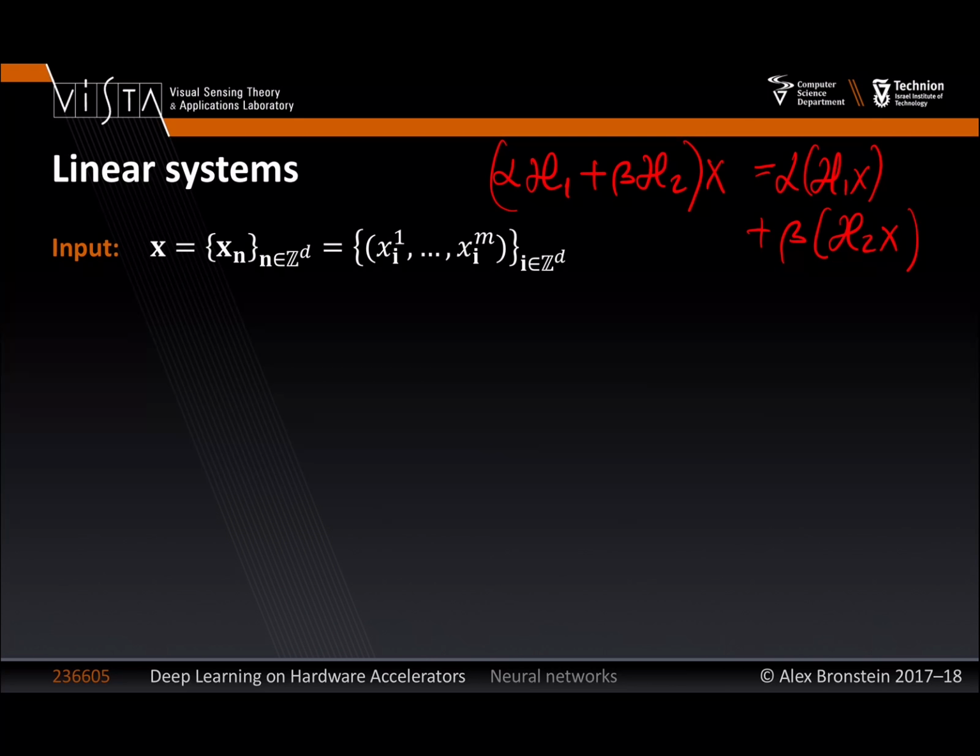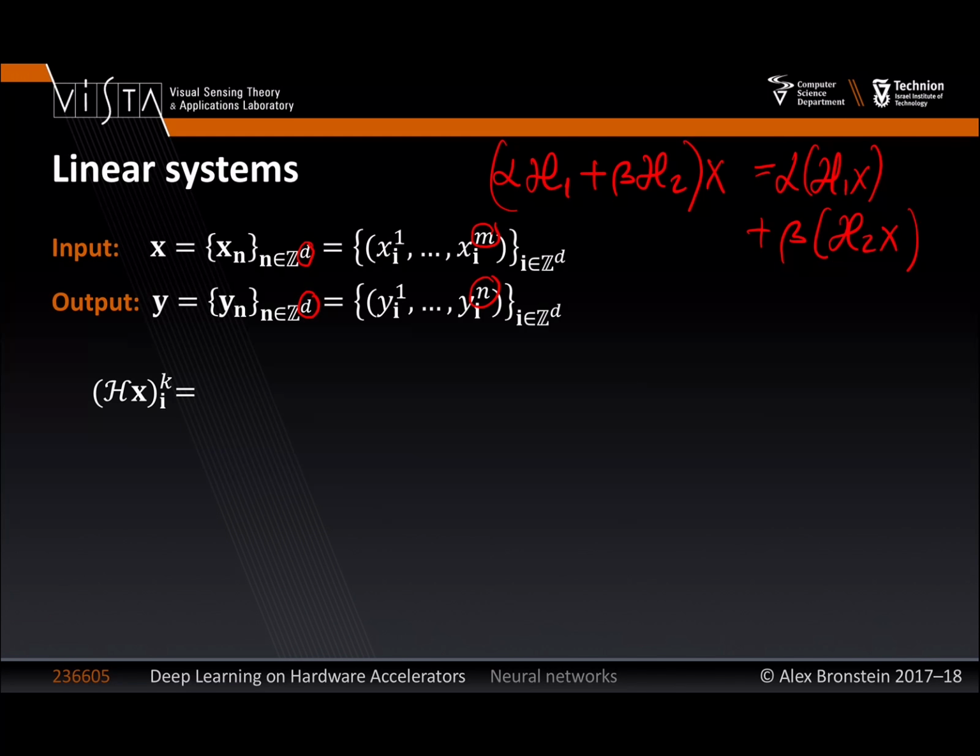Of course, it has to hold for every scalars alpha and beta and every input signal x. Okay, this is what linearity means. Okay, so if I have my general output with m channels and a d-dimensional argument, let's say I have an output that is also d-dimensional in the argument and maybe n-dimensional in the number of output channels, I can write the action of a linear system in the following way. This is the most general linear system that I can think of.